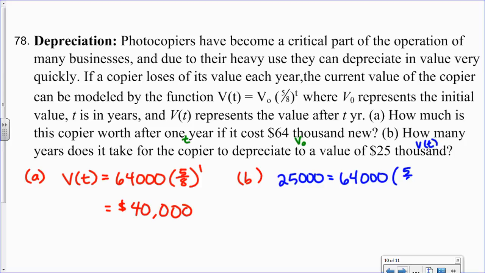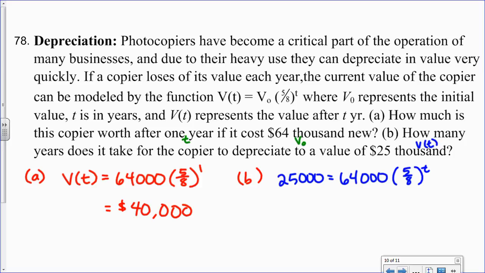And what I don't know is T. Okay, so I want to use uniqueness property, which means I need a common base. What is the base of my exponent T?